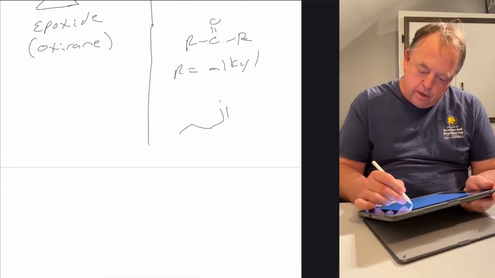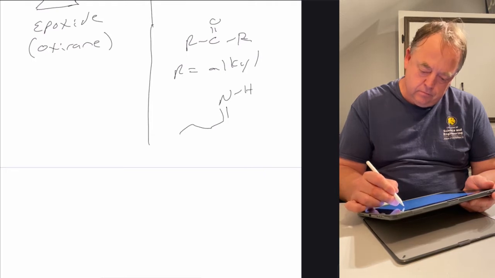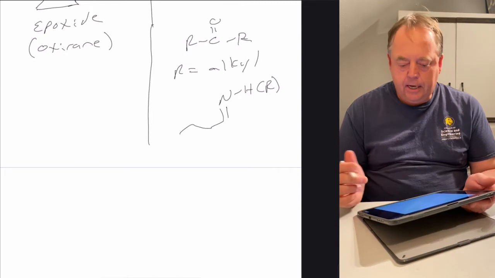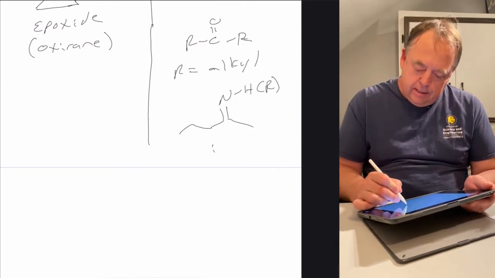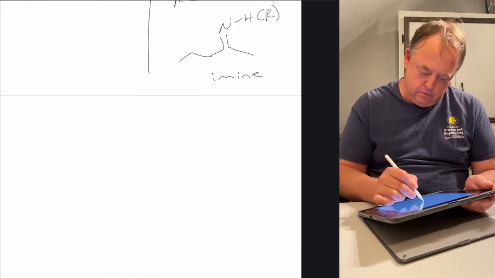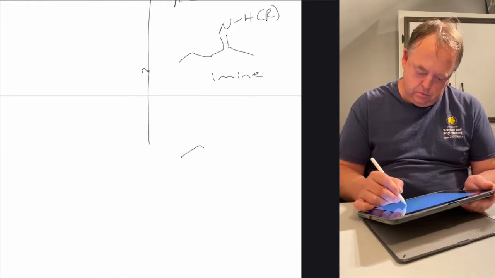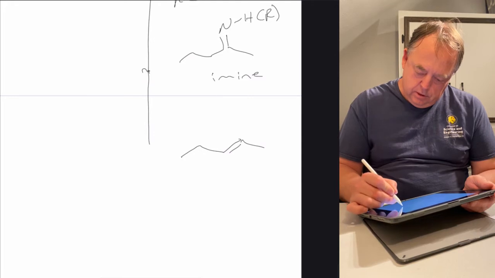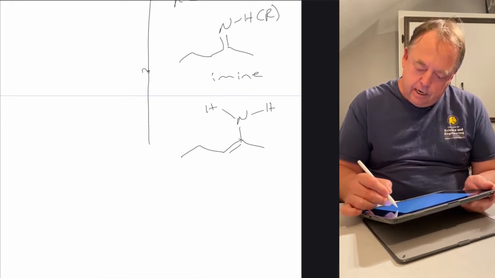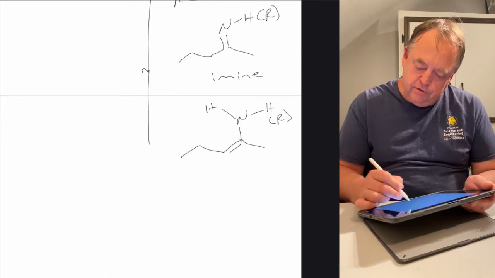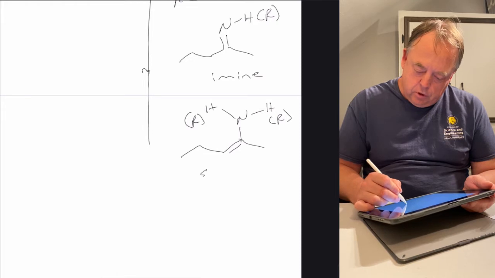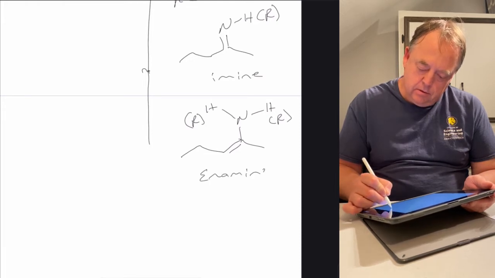Okay, if you have a carbon-nitrogen double bond, and the nitrogen could have a hydrogen or another carbon attached, doesn't matter, then that's what's called an imine. And if you have a carbon-carbon double bond with a nitrogen attached, and then the nitrogen can have 2 hydrogens or it could have 2 alkyl groups, that's what's called an enamine.